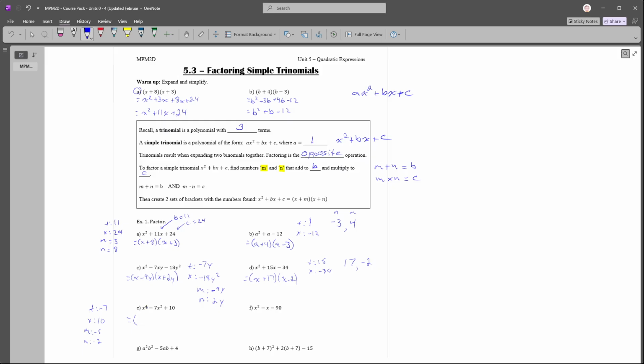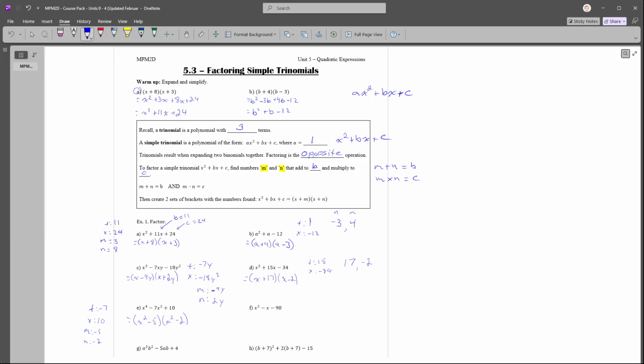I can't write x because this is x to the power of 4. It's actually the square root of this, so it's x squared. x squared minus 5, and then the next one is x squared minus 2. Multiply that out, you're going to end up with what we started with again. Okay, let's go to the next one.